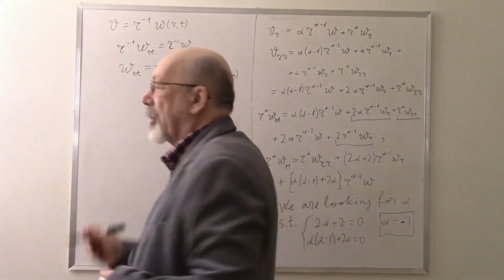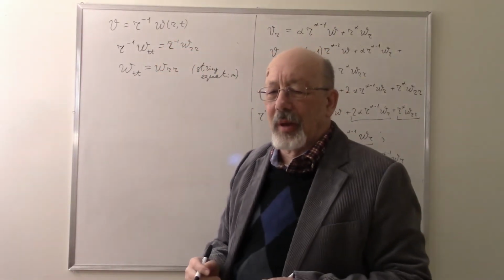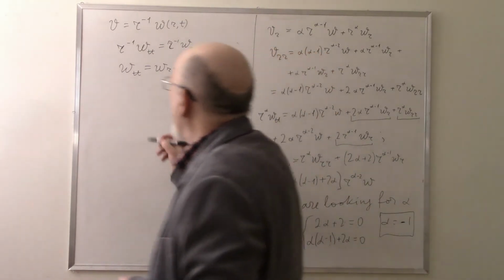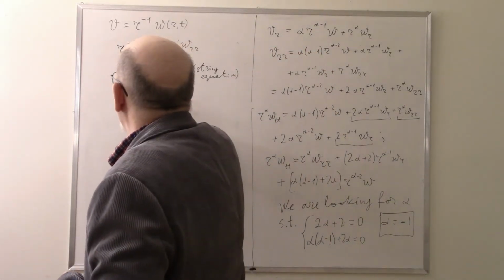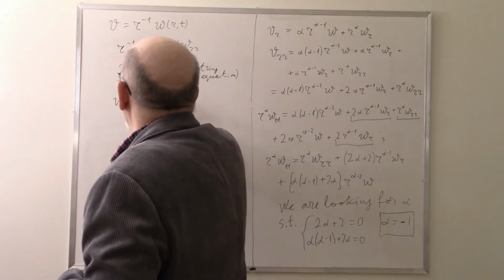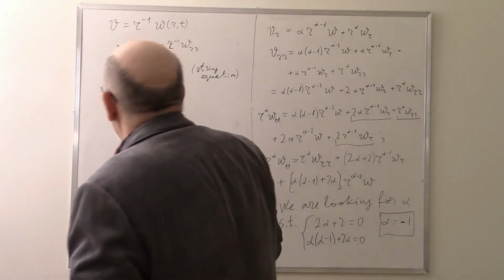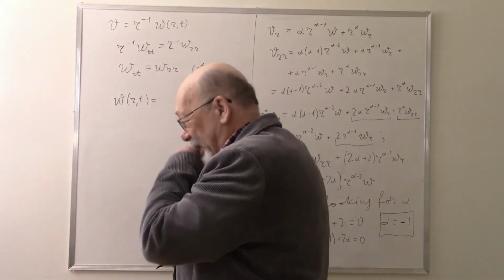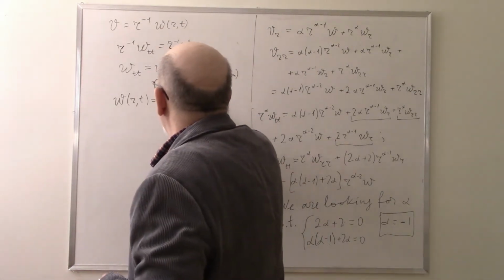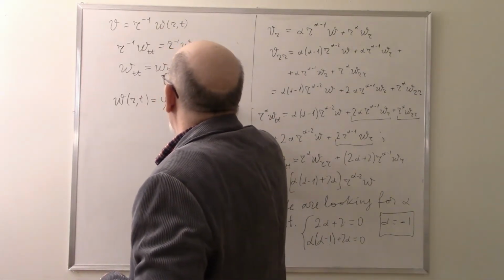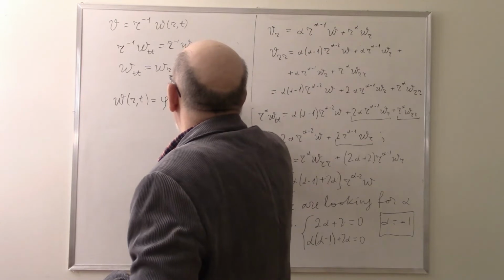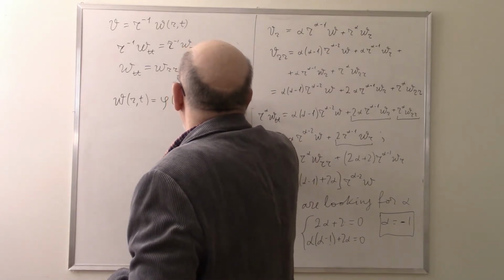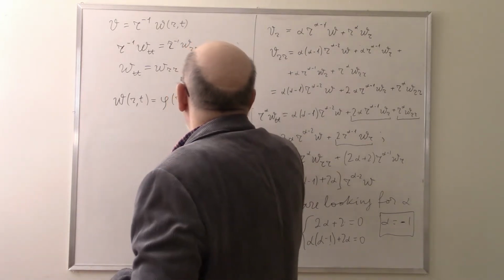And so we can write our solution in the form W of RT equals, say, phi of R minus T plus psi of R plus T. Yes?